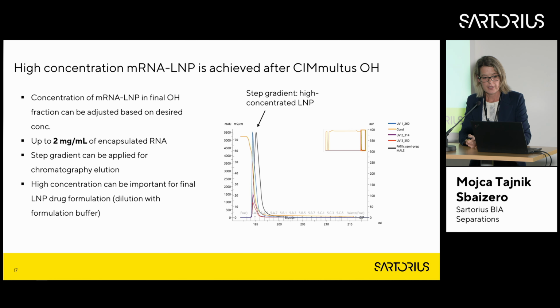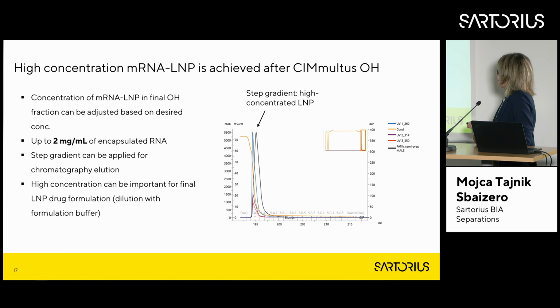Concentrating is one of the main questions, because chromatography is the last step, so it is not supposed to be followed by another TFF just for concentration. We need to reach a certain concentration after the chromatography to have a clinically valuable process.